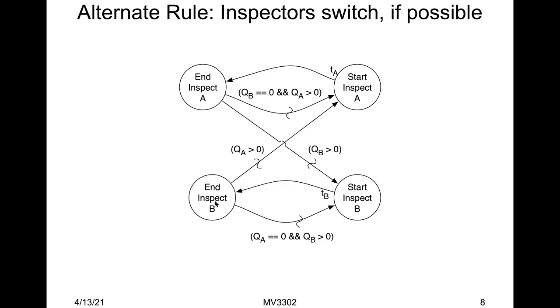Likewise, if I finish a B, then I want to do an A, if possible. And if it's not possible, then I'll do a B. So that's an alternate rule that I could implement. I haven't done that, and I don't have the time here to do that. Actually, I think I will show how to do that by tomorrow's class.